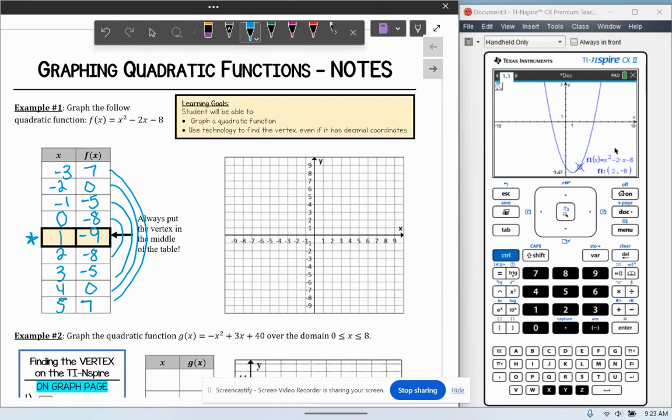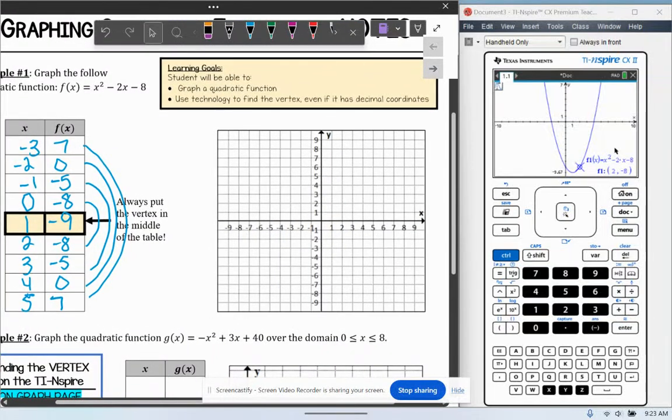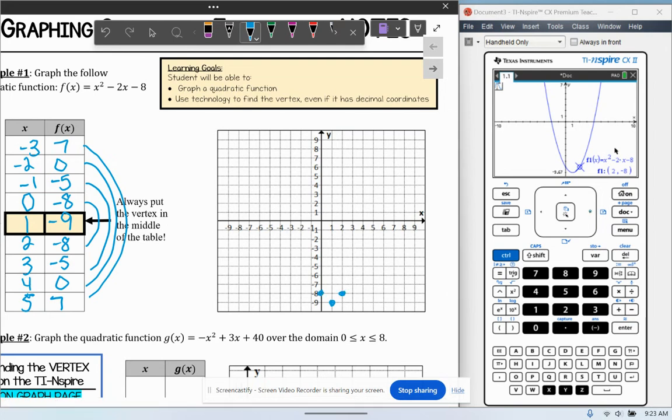I love that this happens because when I start graphing these, which we're going to do right now, so (1, -9), and then (0, -8), and then also (2, -8), I kind of plot them at the same time so I can make sure that my y values are level. (-1, -5) is here, and the same thing over on this side, and so on and so forth.